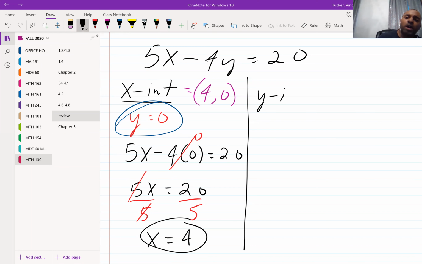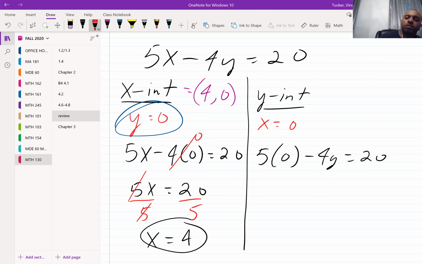Then if you want to find your y-intercept, you start with letting x be equal to 0. Plug it in. 5 times 0 is 0. Don't forget that negative is still attached to the 4, so that's negative 4y equal to 20.